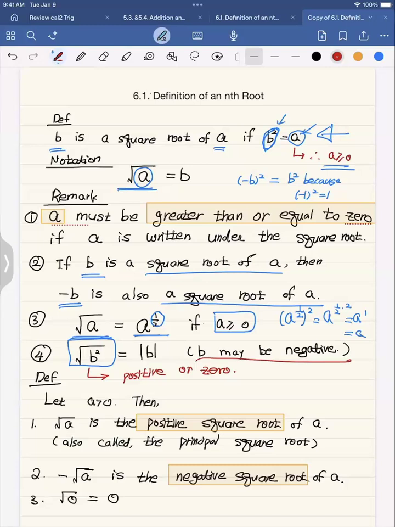However, when we square b, that is positive. So what's under the square root is a positive number. After that, it must be a positive number. So we put the absolute value sign here.